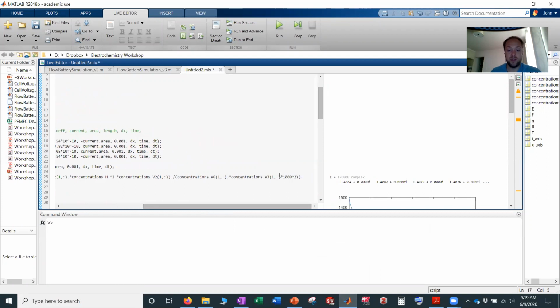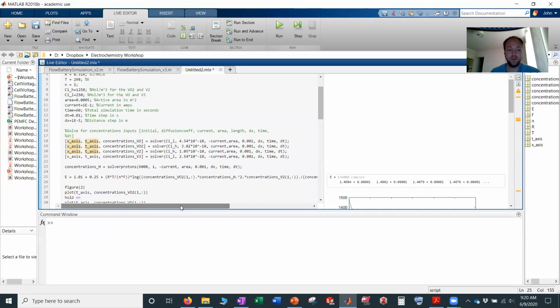But what you should have is you should divide in your division down here. You should have times 1,000 squared, because 1,000 is the standard concentration, that C naught. So that'll correct the units in this. So that should look good.